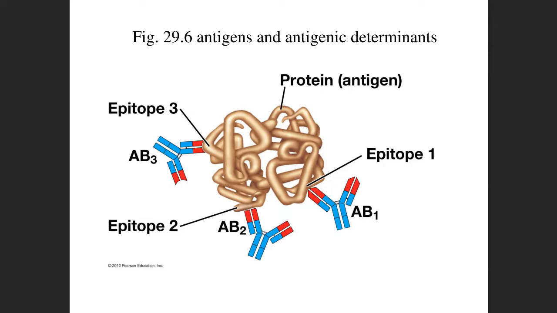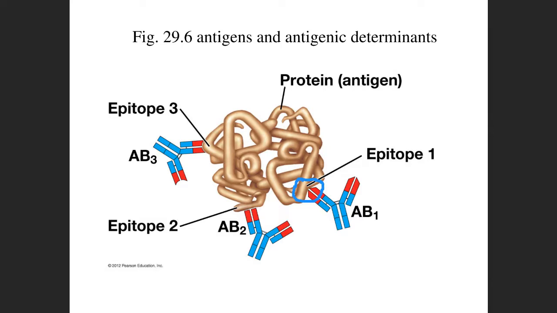So this is a protein, and the part that is recognized by an antibody variable region of the antibody is called the epitope. Epitopes are typically somewhere between 3 and 6 amino acids. And so that gives you a sense of scale.